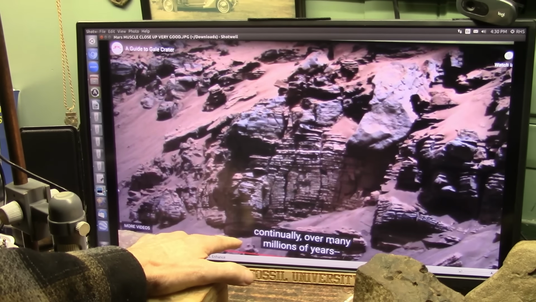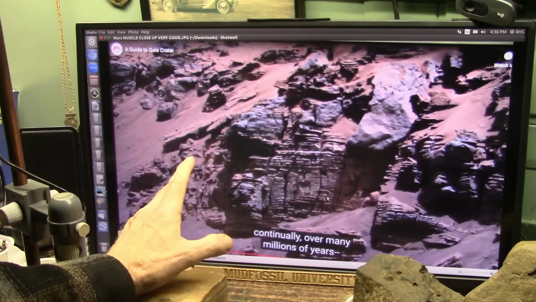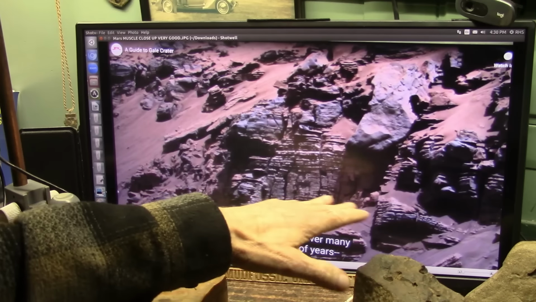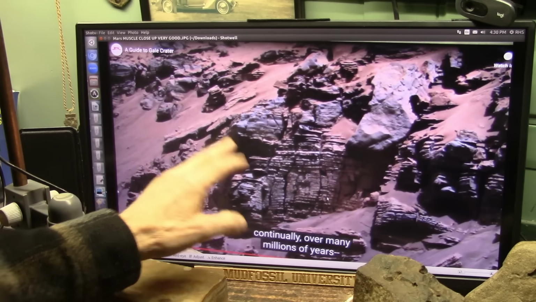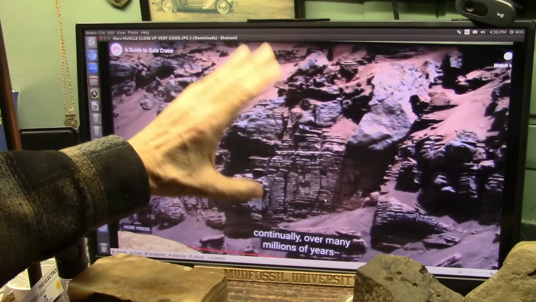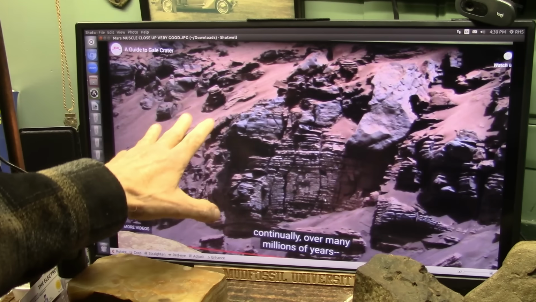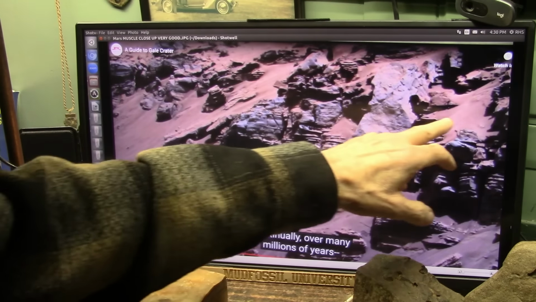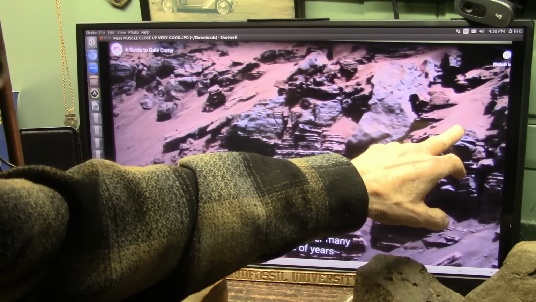And this is not continually over millions of years. This was a creature's body. Those are muscle sarcomeres. And what's left is the connective tissue, and the very fine, powdery muscle flesh has turned into just dust. And there is no erosion here whatsoever. None. Zero.